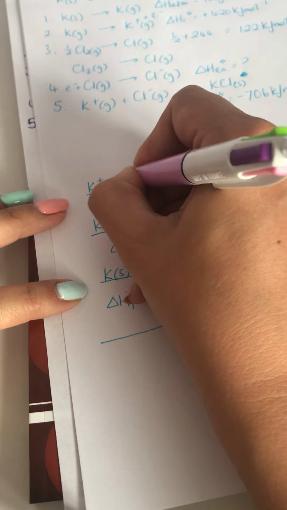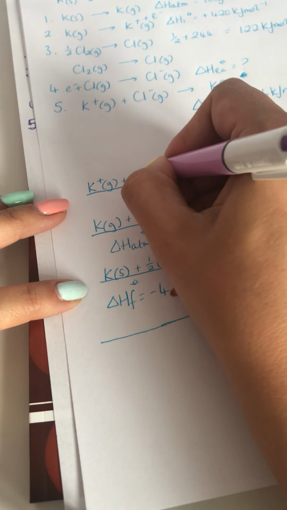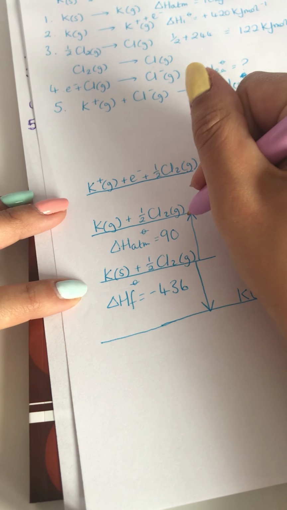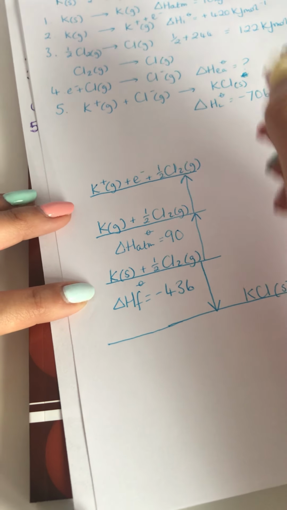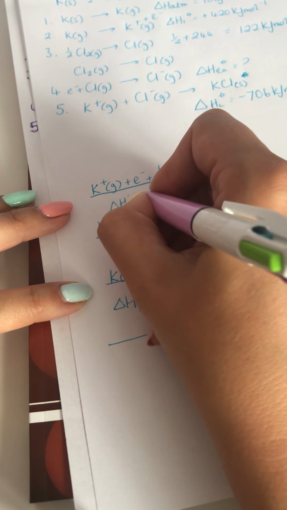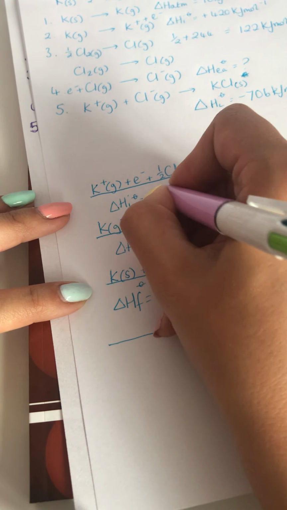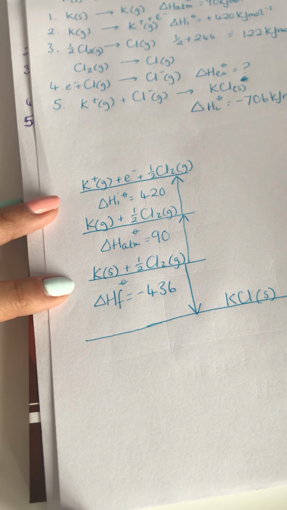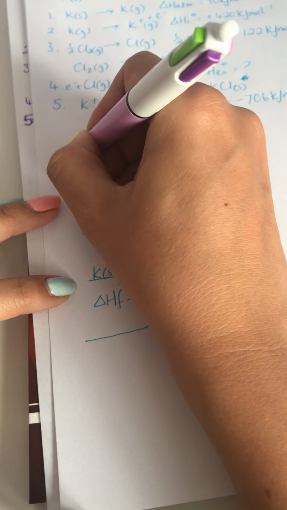I'm going to remember to write my electron this time, and half Cl2 as a gas, which is going to be my enthalpy of ionization as a value of 420. I'm then going to take my half Cl.